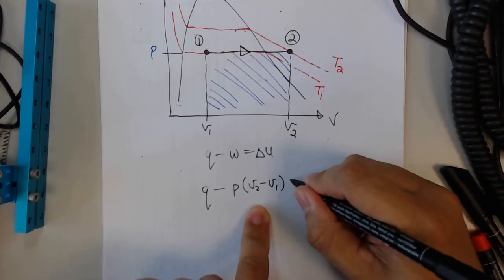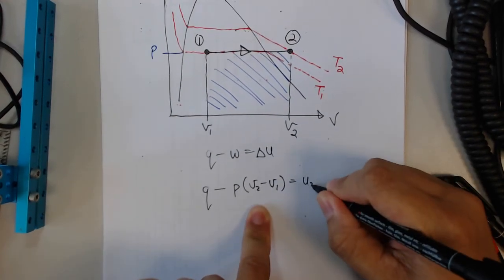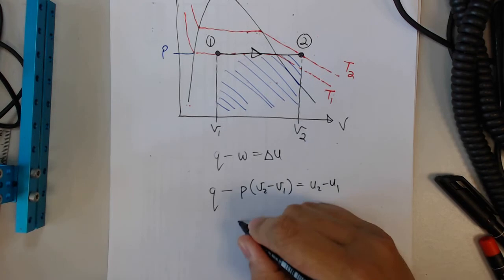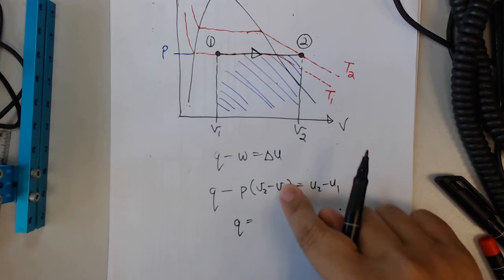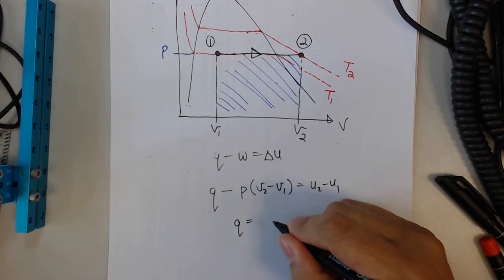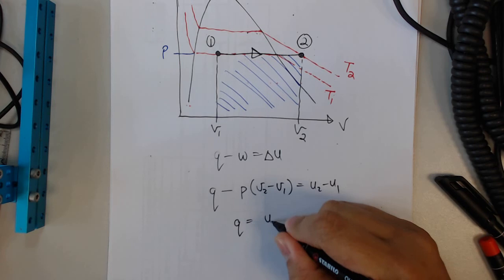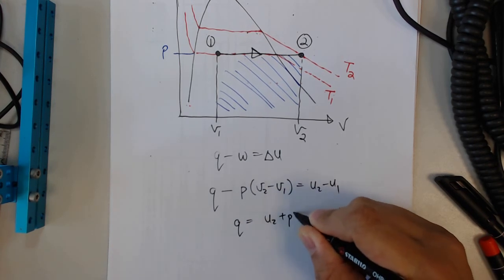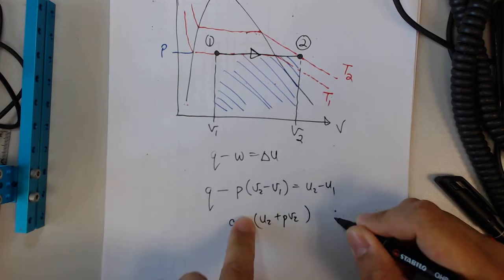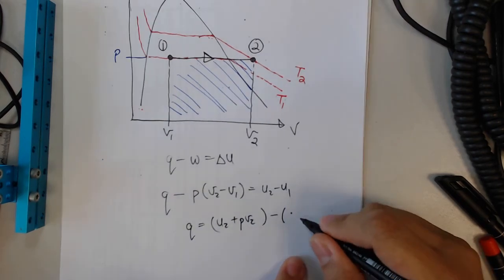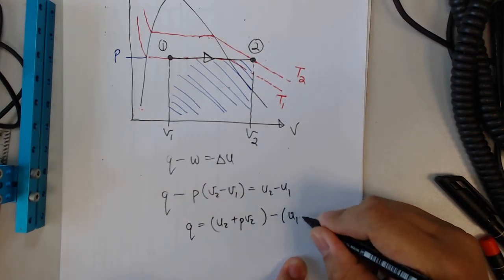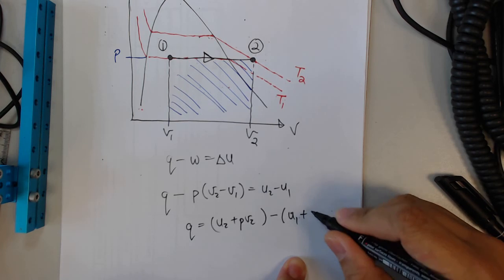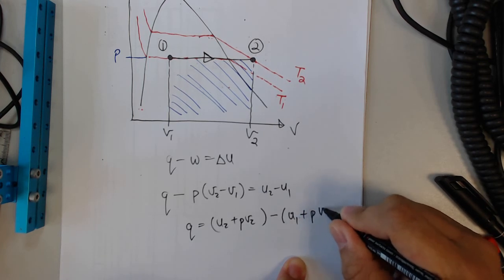So delta U is U2 minus U1. I can actually shift this term over to the right hand side. I will get U2 plus PV2 minus U1 plus PV1.